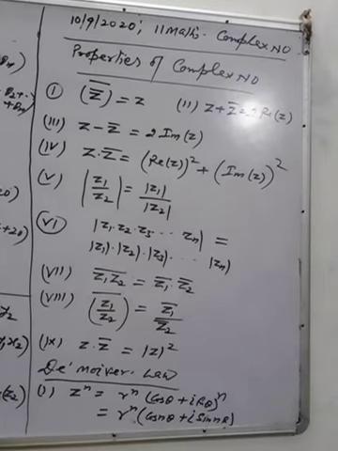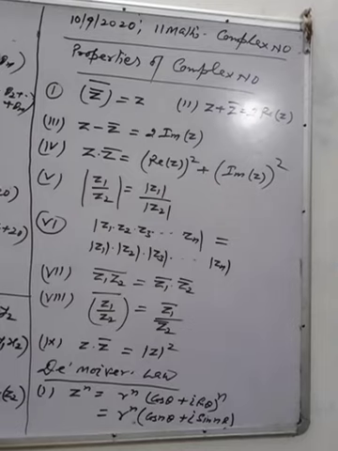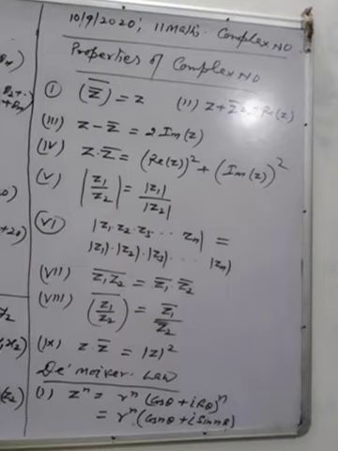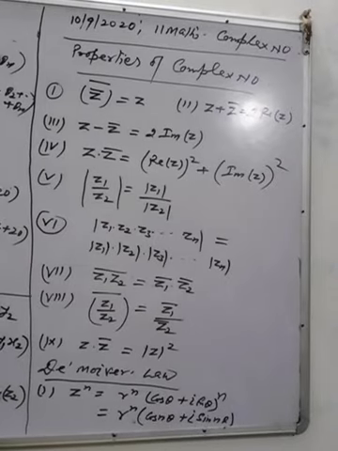Now see de Moivre's law for complex numbers. So what is de Moivre's law? If z is any complex number, you can take z equal to x plus iy, and x plus iy is the Cartesian form. Polar form is written as z is equal to r within bracket cos theta plus i sin theta.